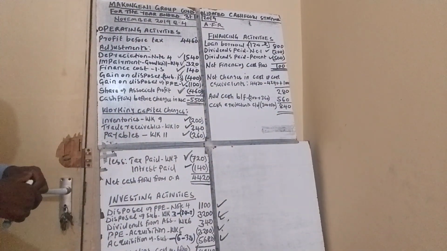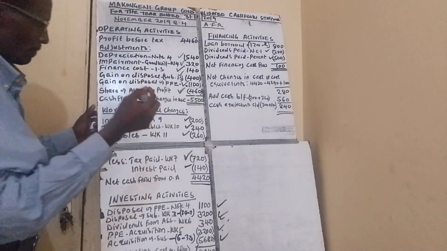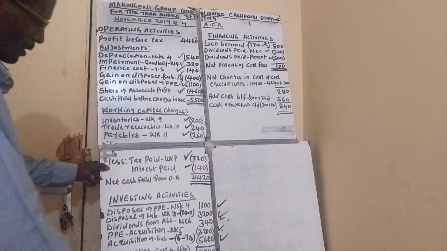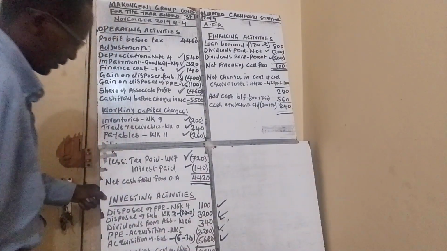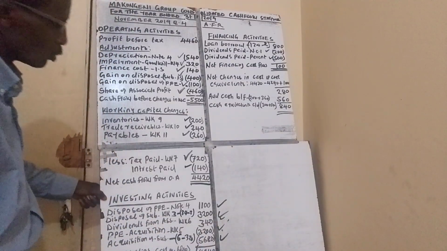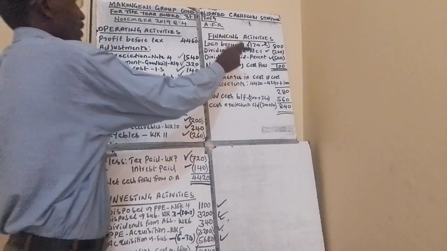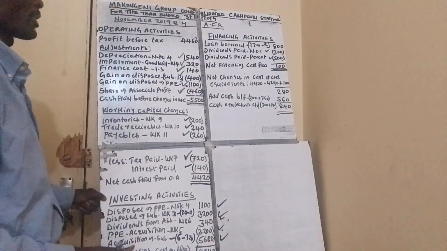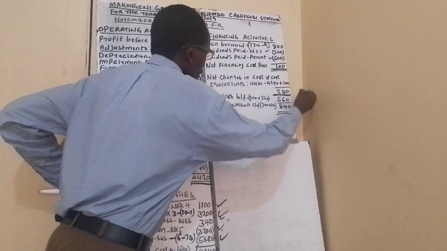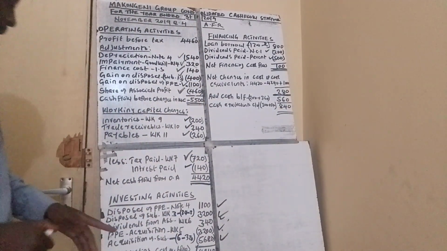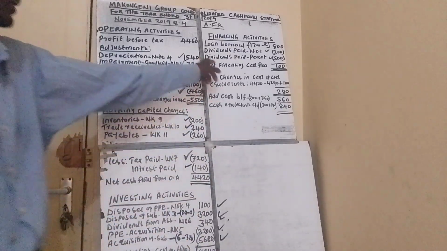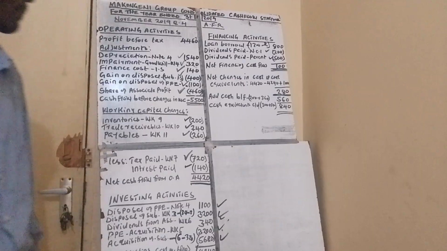So for the net change in cash and cash equivalents, you take the cash flow from operating activities of 4420, minus investing activities of 4240, plus financing activities of plus 100. If you sum up the three, we get 280.